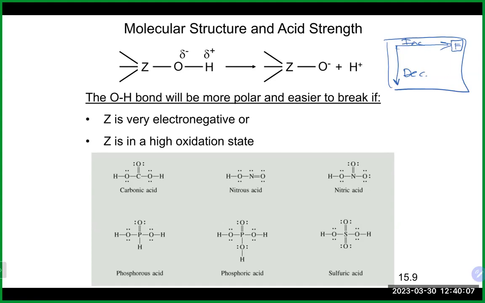In a sharing of electrons situation, elements that we normally think of as having negative charges could end up with a positive oxidation state because of the way they're sharing electrons and who they are bonded to. So if Z is very electronegative, or if the central atom has a high oxidation state, that would create a much stronger acid.